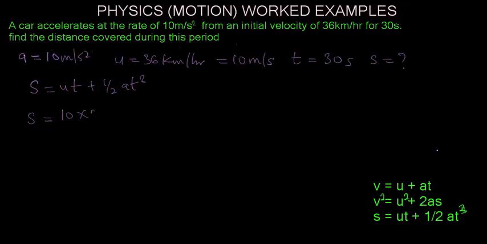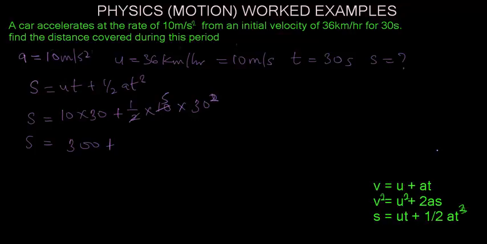Our t is 30 seconds, plus 1 over 2 times our a, which is 10, and our t squared, so it's 30 squared.